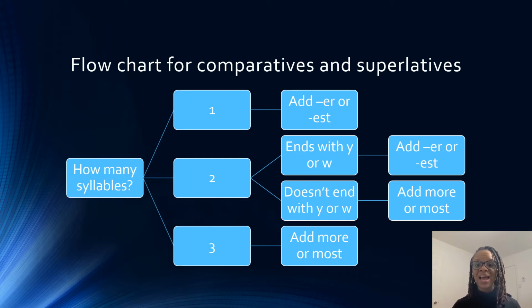If the word has two syllables and ends with Y or W, we add ER or EST. However, if the word has two syllables and does not end with Y or W, then we add more or most. And it's also very simple for words with three or more syllables because we always add more or most.